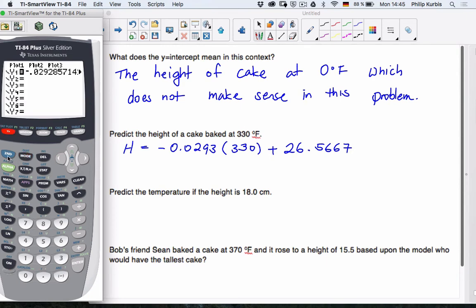and make sure our window is in a place that makes sense, or we could zoom stat because we've got some statistical data. That'll also work. Zoom stat, it's near the bottom. Oh, we didn't put the stat plot on. So second y equals, and turn it on, and then zoom stat.